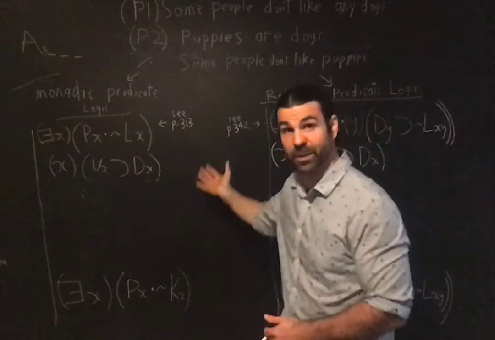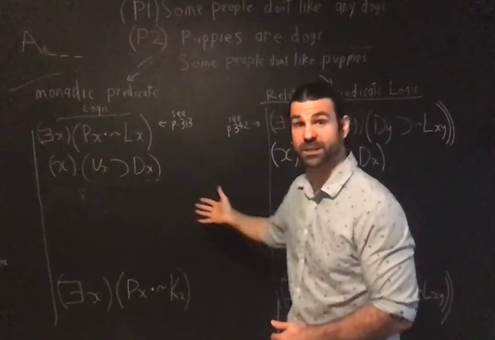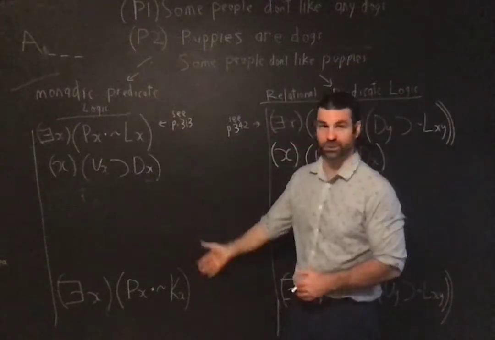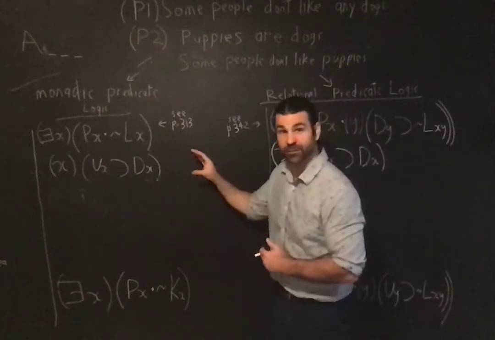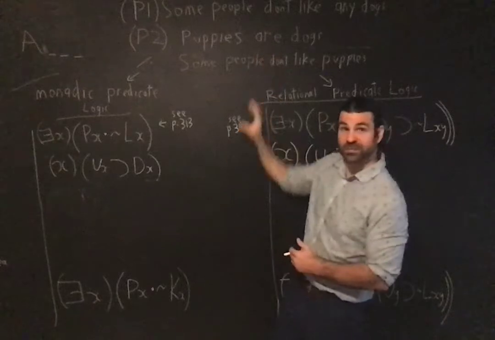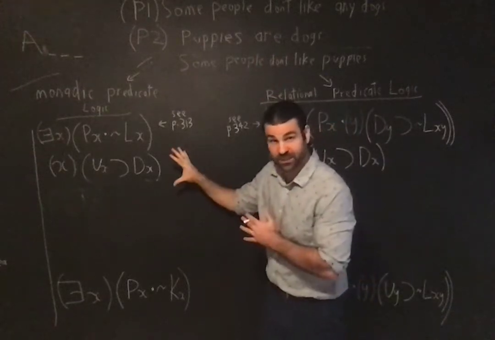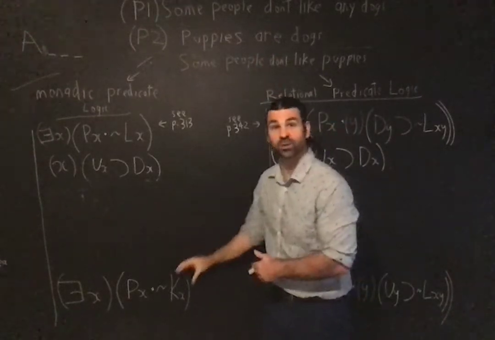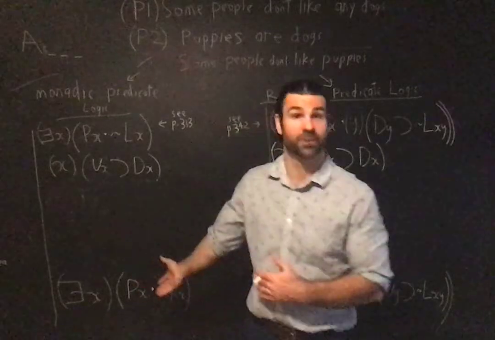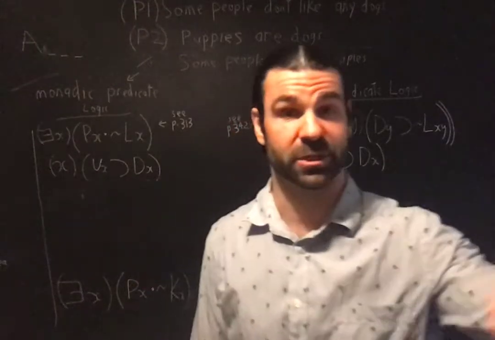We're not going to be able to do a proof to get from these premises to this conclusion. Not going to be able to get from the premises as expressed thusly in monadic predicate logic to the conclusion as expressed thusly in monadic predicate logic, right?